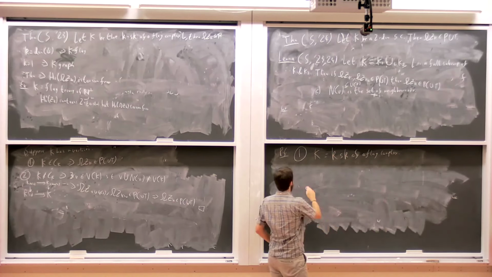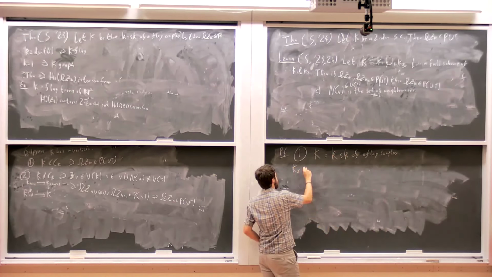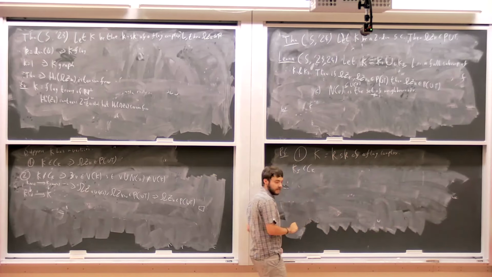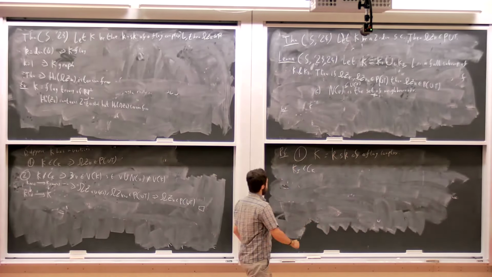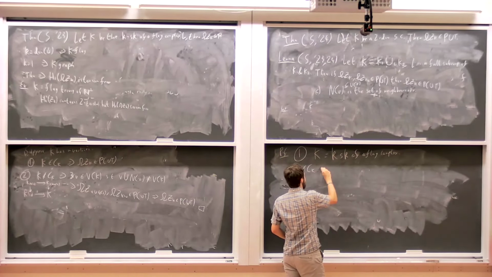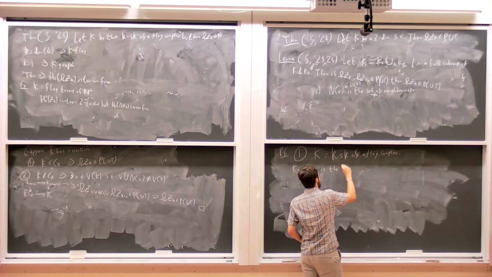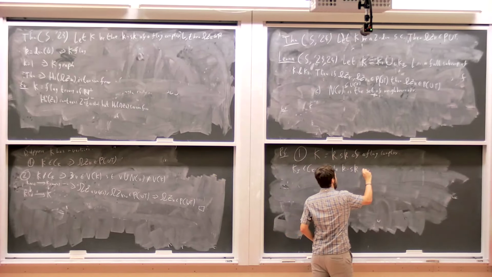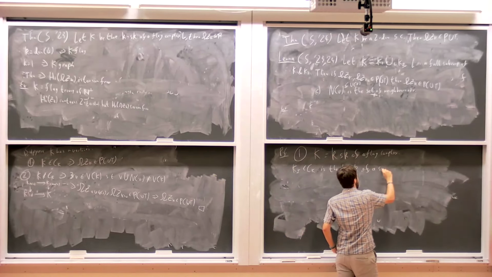Well, in this case, each of our Ki's within this collection Ck, and these are the only ones we need to consider, Ki in Ck is the K skeleton of a simplex.